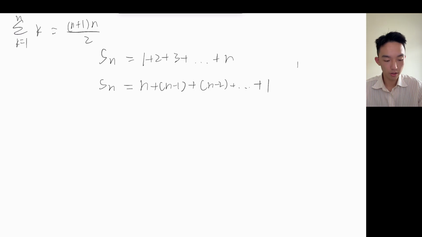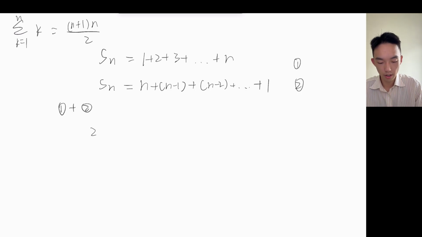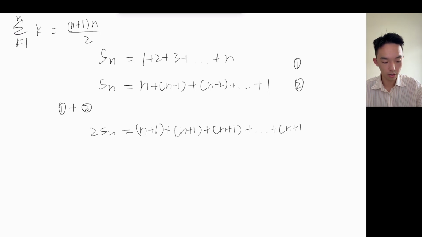We note these as equation 1 and equation 2. If we sum equation 1 and equation 2, 2Sn will be n plus 1 plus n plus 1 plus n plus 1 plus onto n plus 1, because for example, 2 plus n minus 1 is also n plus 1, and 3 plus n minus 2 is also n plus 1.